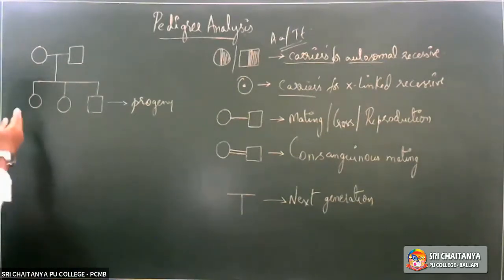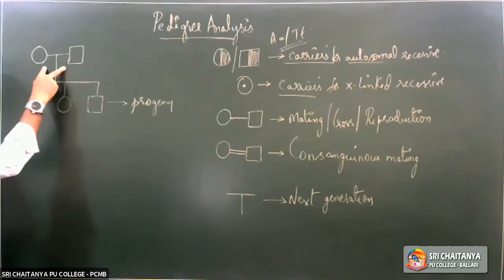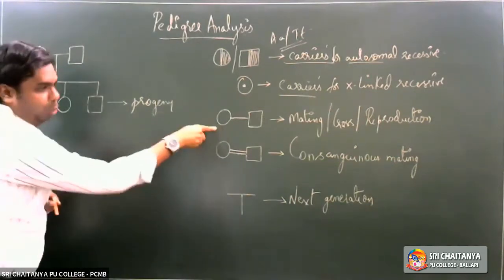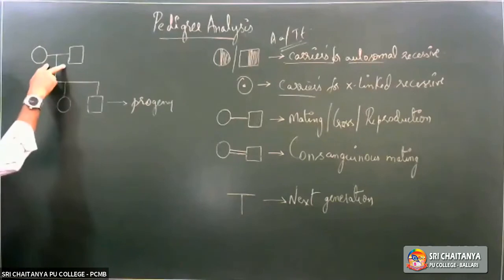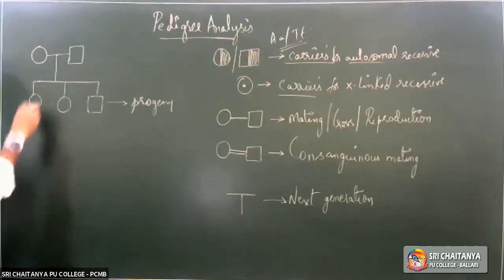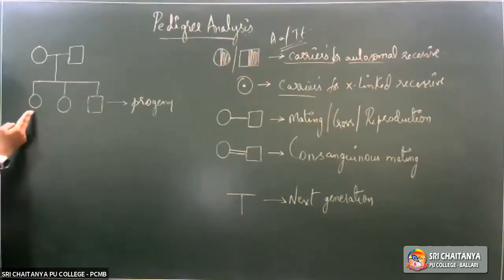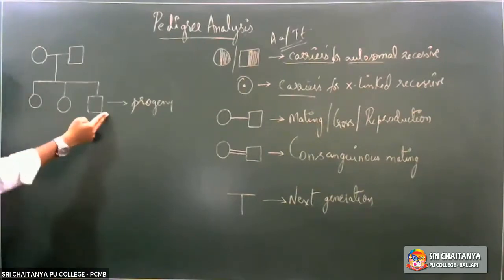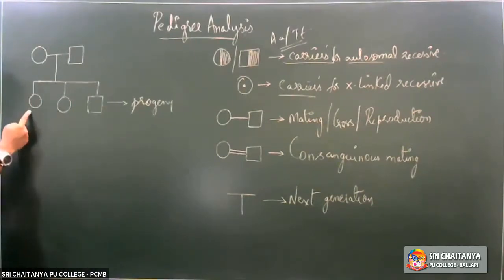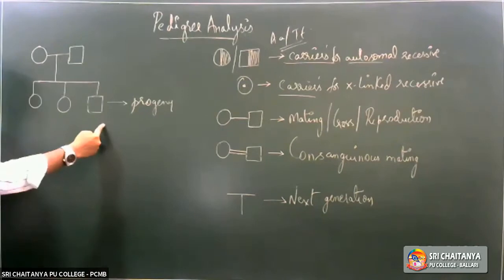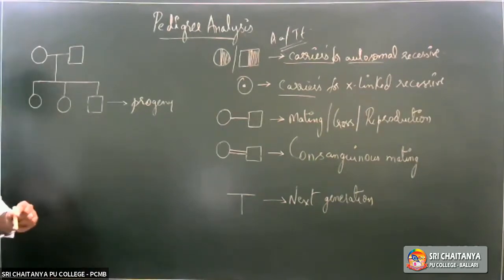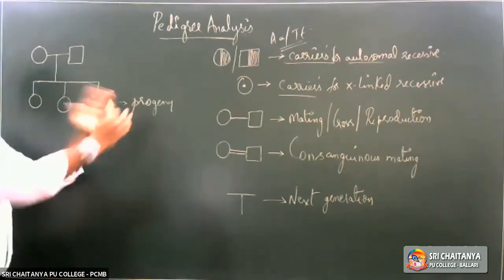So what exactly is here? These 2 individuals are married, that is what we have shown here. Once marriage is done, they start producing 3 children, of which the first 2 are daughters and the third is the son. This is the first child, this is the second child, and this is the third child. Always remember, this would be the order of the children.